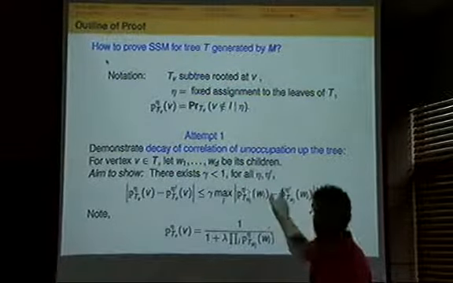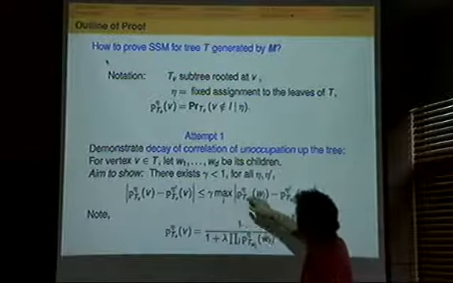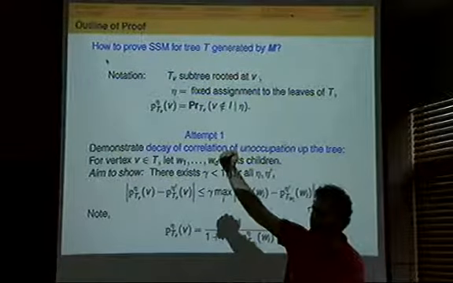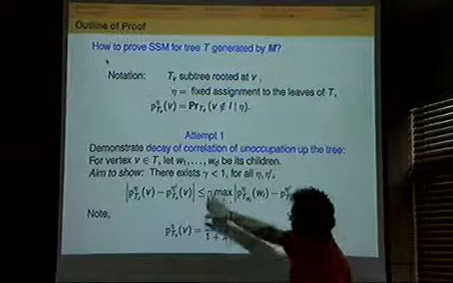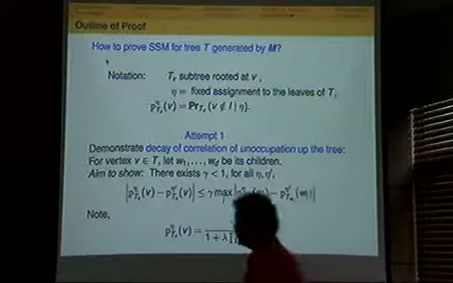I want to say that for V, the parent of Wi, the difference in the marginals decreases by a factor gamma as I go up. That's going to imply that when I get to the top of the tree, it's like gamma to the height of the tree. I get some contraction at every level. So that's what I hope to prove.